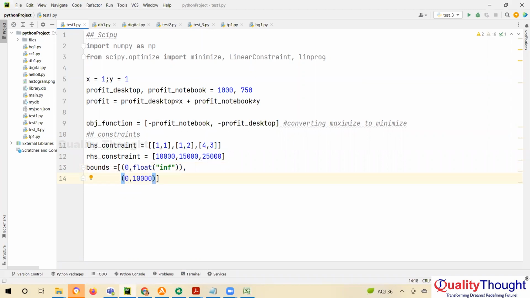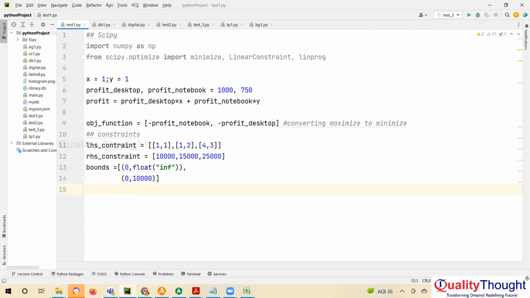The smaller the number you give, the faster your output will be. So I'm just showing you that you can give infinity or 10,000, because we know it has to be less than 10,000. Great, so this is the bound that we created.